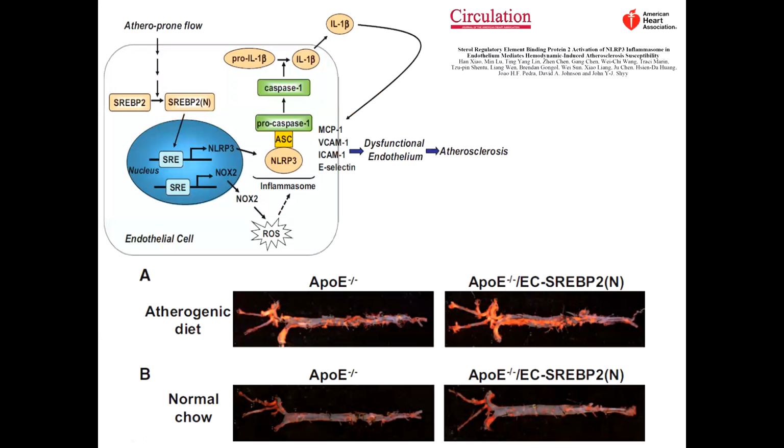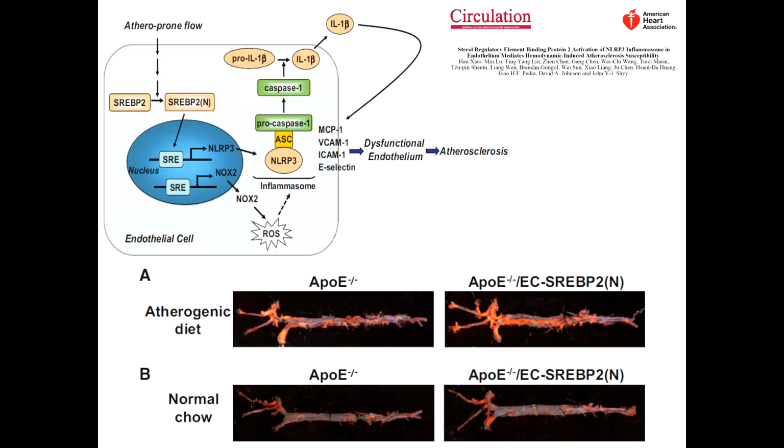This is a story about inflammation causing atherosclerosis. The diagram is showing that when blood vessels are exposed to what we call atheroprone flow, which means oscillatory flow, not good forward pulsatile flow, there's going to be an activation of a transcription factor called SREBP2.